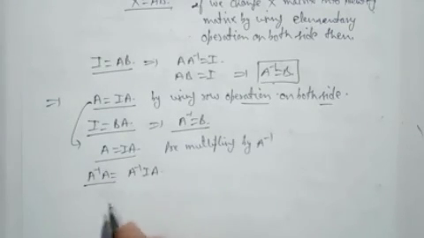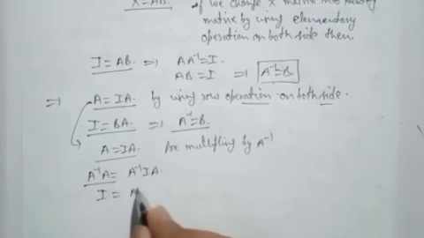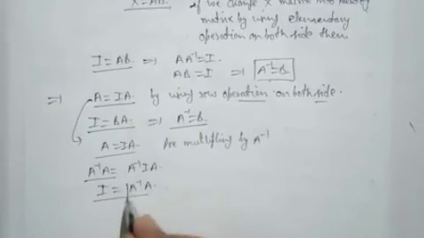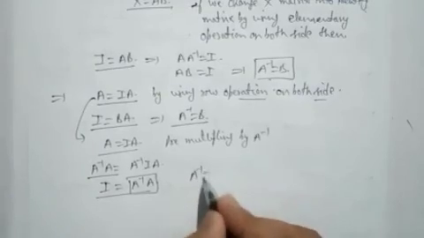So A inverse A equals to I. So from these two we can say that A inverse equals to A.